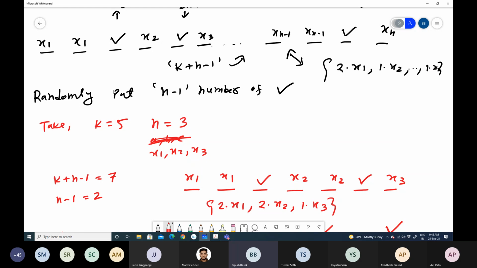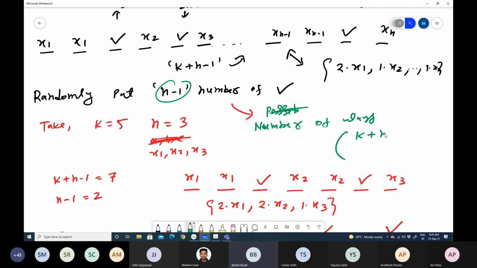And what are the possibilities, the number of ways of putting these checks? You have k plus n minus 1 spaces, and you are putting this number of checks, so that is k plus n minus 1 C n minus 1. And someone gave the answer k plus n minus 1 C k. That is also right, because they are the same.